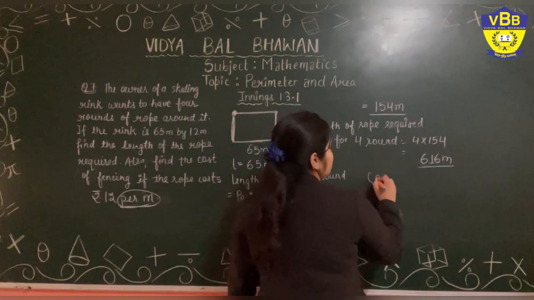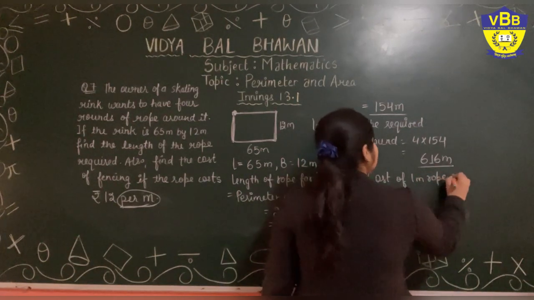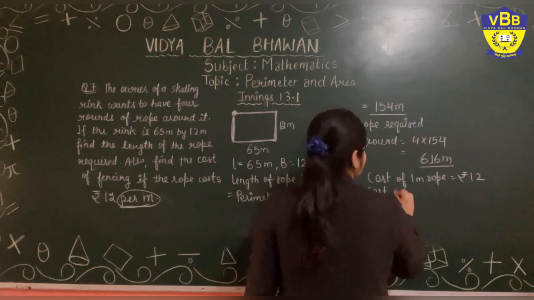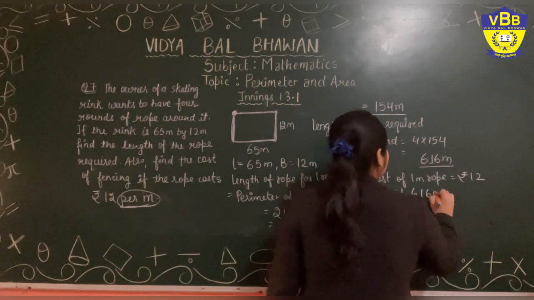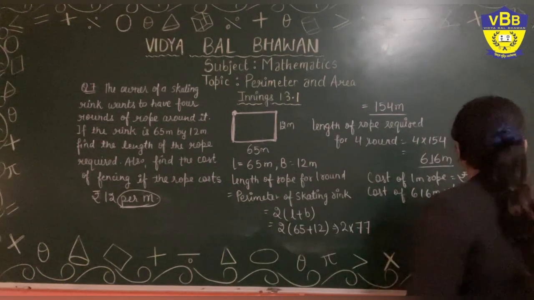So we will use the unitary method. Cost of 1 meter rope is 12 rupees. What will be the cost of 616 meter rope? I will simply multiply 616 by 12.